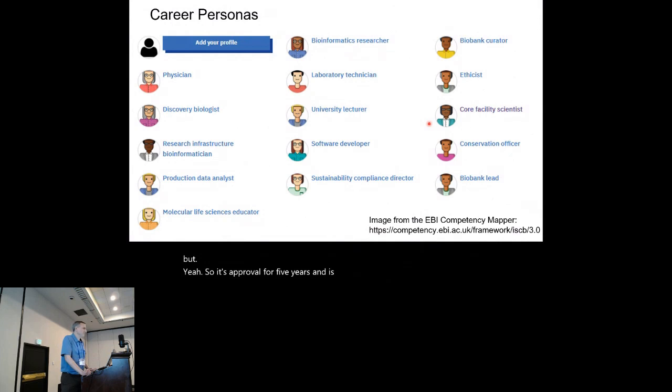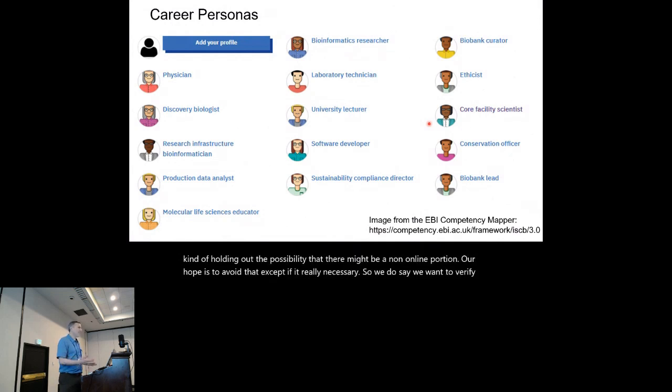And is it a purely online process, or is there any kind of review of in-class work or anything like that? We put in, as part of the due diligence, the possibility that there might be a non-online portion. Our hope is to avoid that, except if really necessary. We do want to verify that the site exists and that the facilities you say are supporting it are quality facilities.